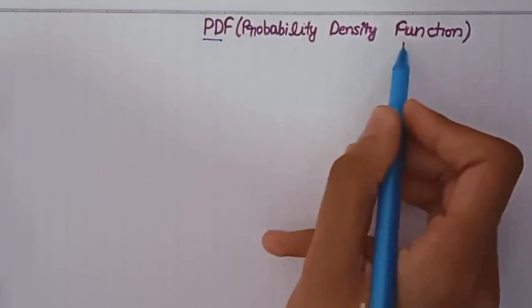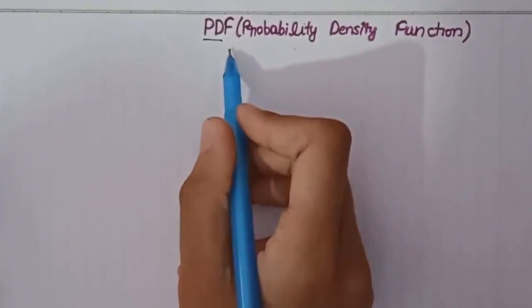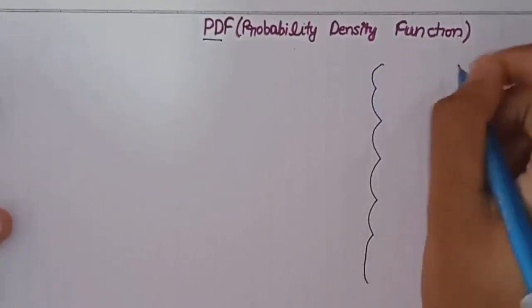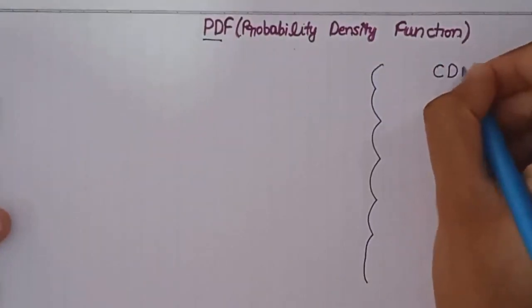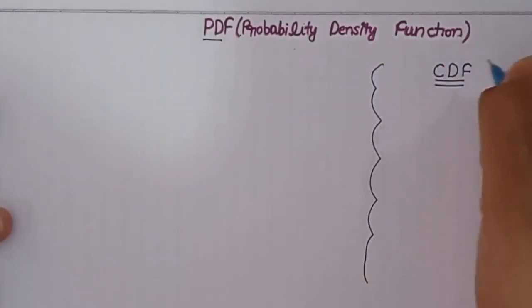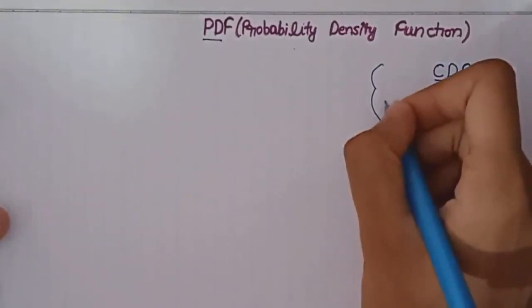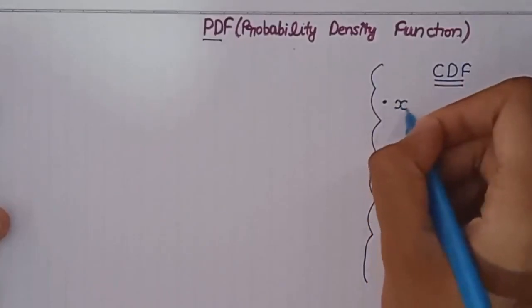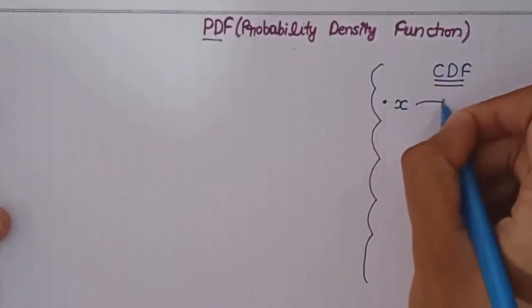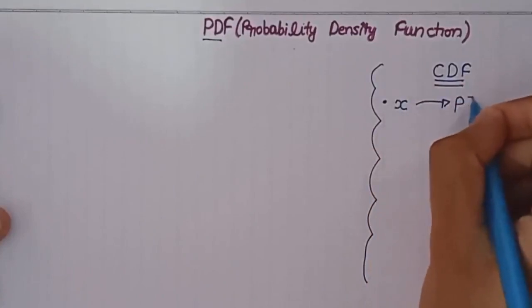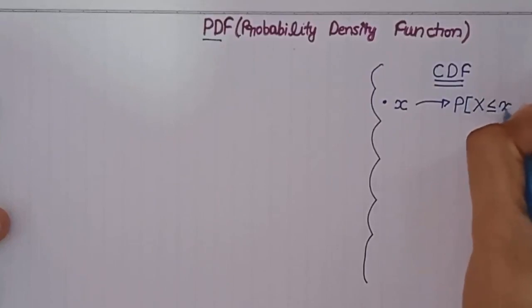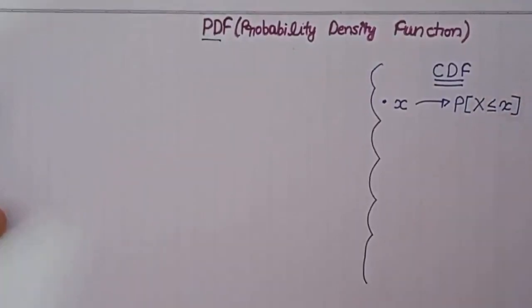Probability density function. Before starting with PDF, let me just recall what we studied in the previous session about CDF, the cumulative distribution function. In the previous session we studied that the CDF value at any point x represents the sum of the probability at that point x and all the points less than x.